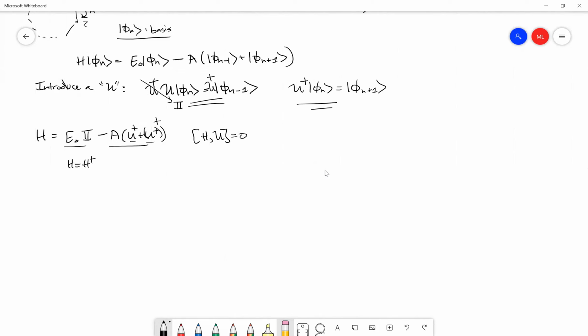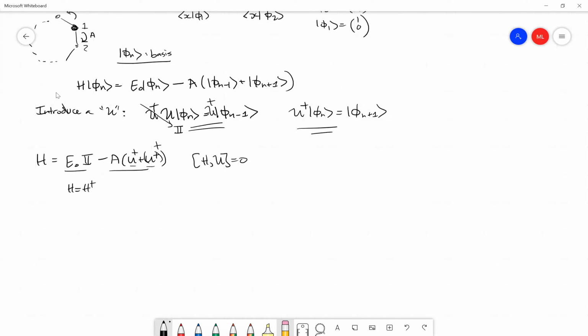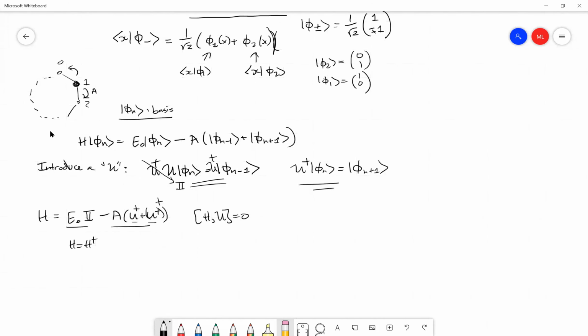So what's the idea? Imagine you hop all the way around the ring. You take the U and you keep going. In this case, it goes to the left: you subtract 1 from n each time you apply the U. So U takes us this way, and U dagger takes us the other way. Imagine hopping around the whole ring, you just take U and hop, hop, hop, and you go back to where you started.